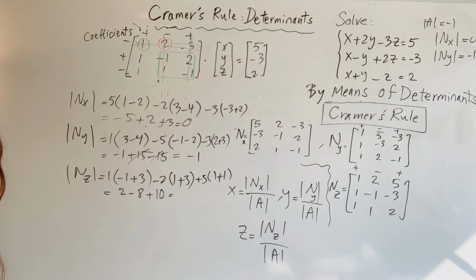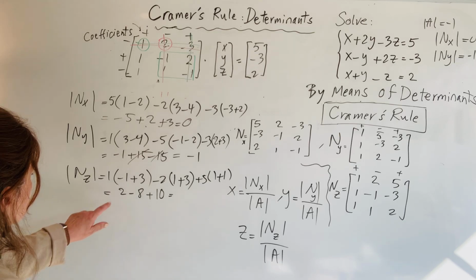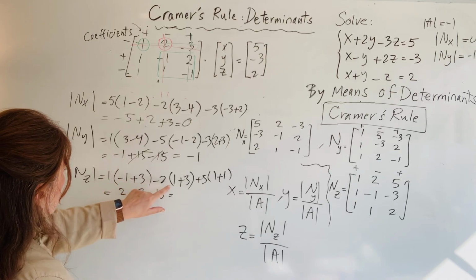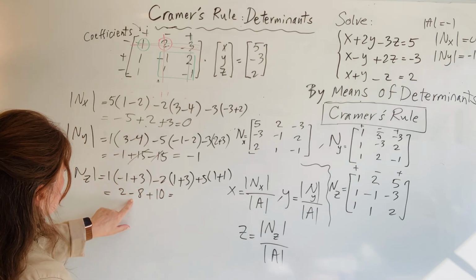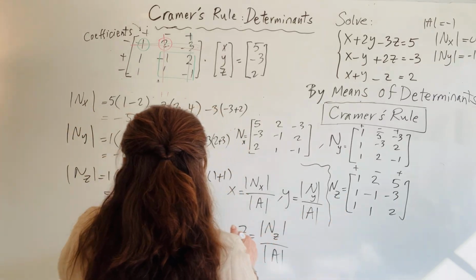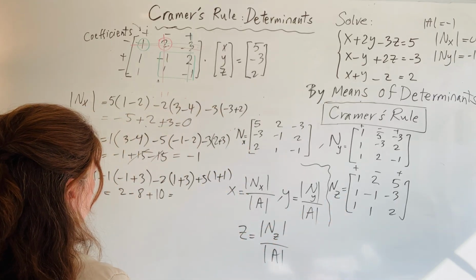How much is it going to be? It's -2. Sorry, this is 2. This one is -8. This one is 1 plus 1, how much is it going to be?